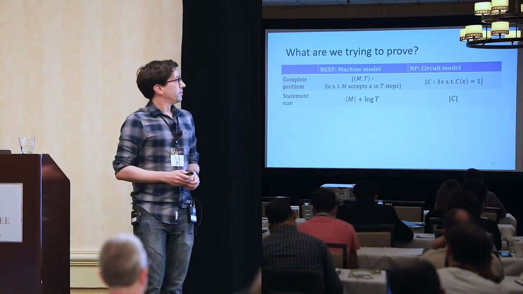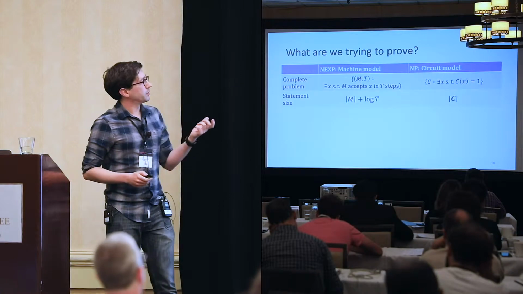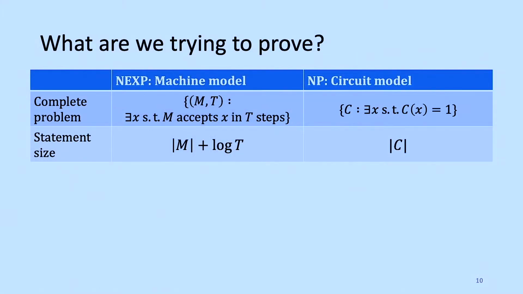OK? So the difference between these two things is in the size of the statement. Here on the left, the size of the statement is the size of the machine description plus log t. And the size of the machine description generally we take to be constant, so this is really just log t. On the other hand, in the circuit model, the size of the statement that you're trying to prove is the size of the circuit.